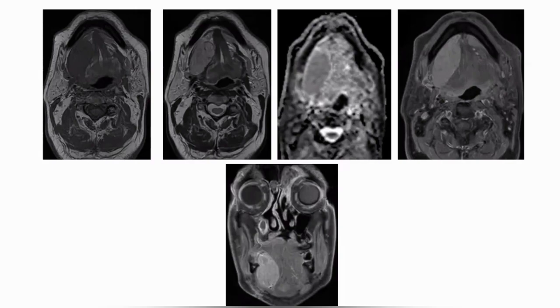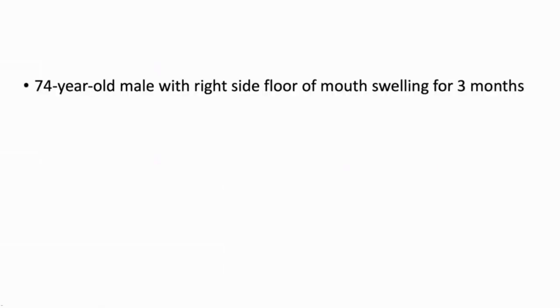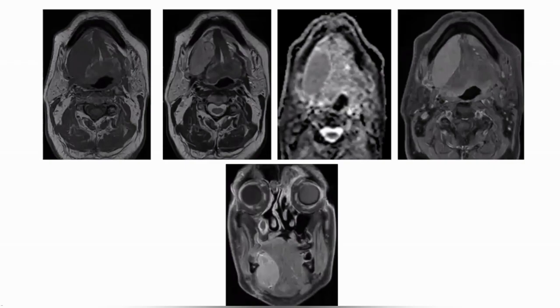As the patient, I forgot the history of the patient. I think it's 3 months, swelling. So as the patient is of old age and enhancing lesion, it is most likely squamous cell carcinoma.